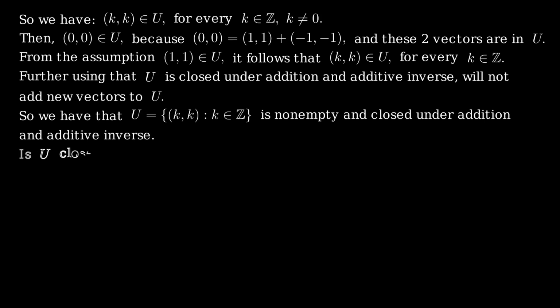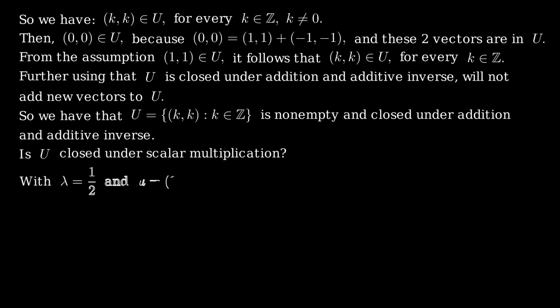Now one can ask, is U closed under scalar multiplication? The answer is no, because then it should work for the scalar 1/2 and the vector (1, 1), but it does not.